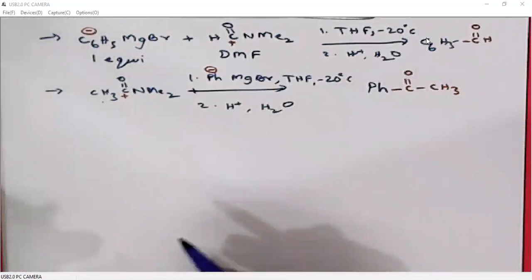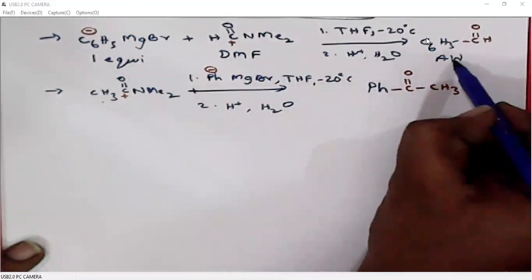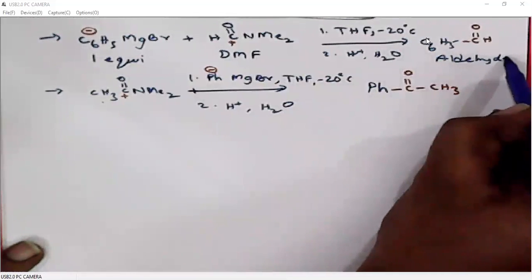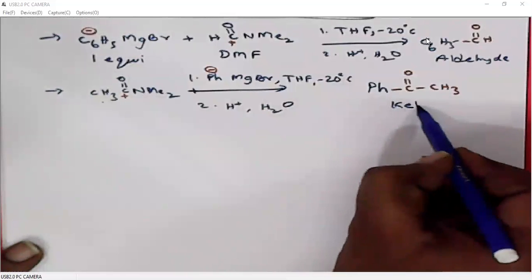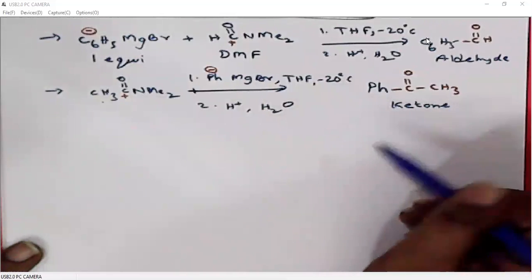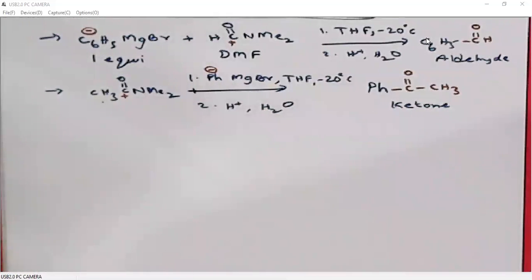So obviously the product is, when we use some formamides, we will get aldehyde. When we use some alkyl amides, we get ketones. This is benzaldehyde, this is acetophenone. So when we use only one equivalent of Grignard reagent and an amide, we will get carbonyl.